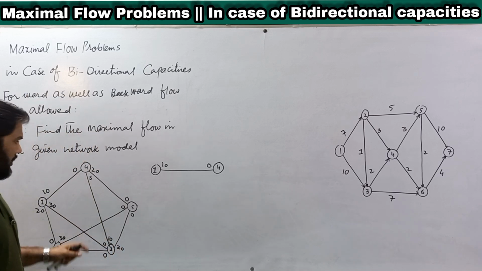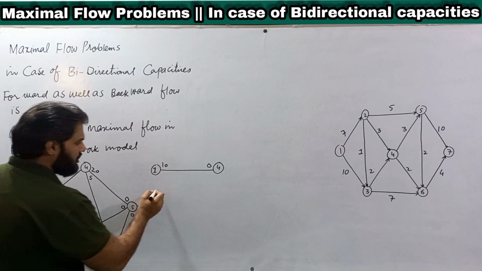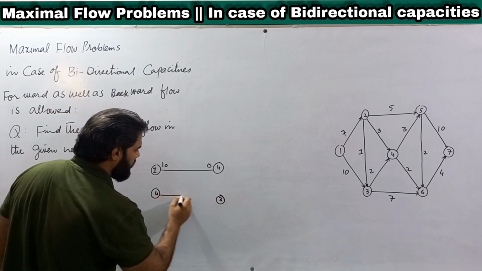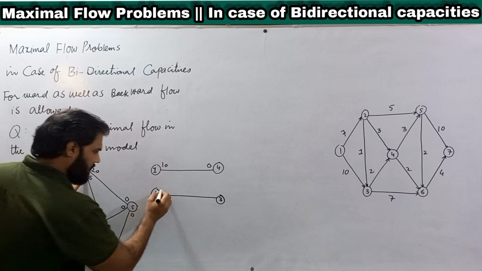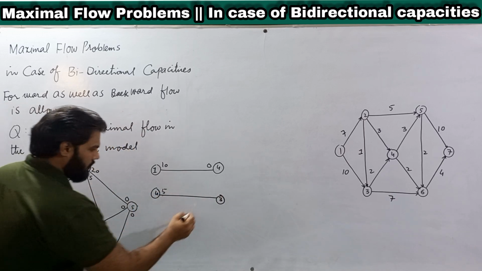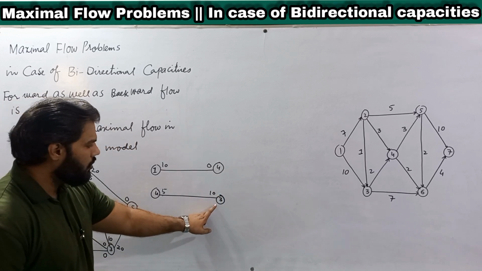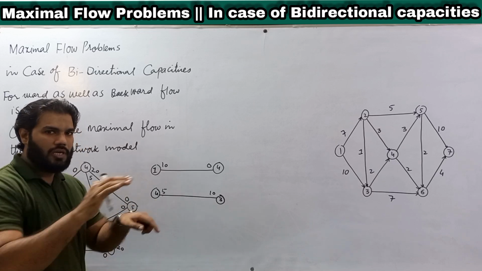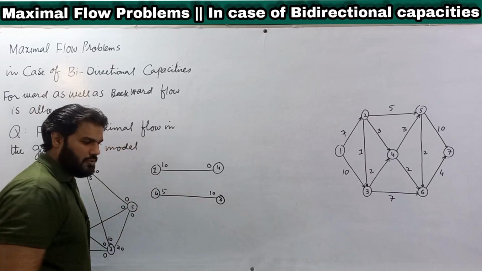But if you notice node 4 to node 3, both the numbers at node 4 and node 3 are non-zero. At this edge, this is a 5 unit flow and this is a 10 unit flow. So this shows that there is a 10 unit flow allowed from node 3 to node 4, and the backward flow is also allowed from node 4 to node 3, that is 5 units.